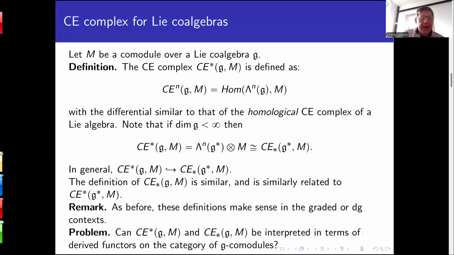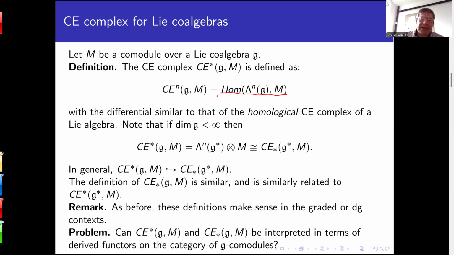So we've seen what a Lie coalgebra is and what a comodule over a Lie coalgebra is. Similar to the Chevalley and Eilenberg complex for Lie algebras, we can define the Chevalley and Eilenberg complex for Lie coalgebras, and it is defined as follows. The differential in this complex is similar to the one in the homological Chevalley and Eilenberg complex of the Lie algebra.